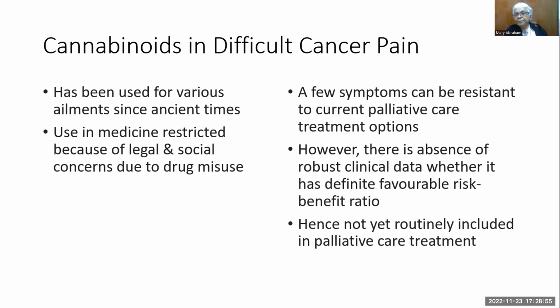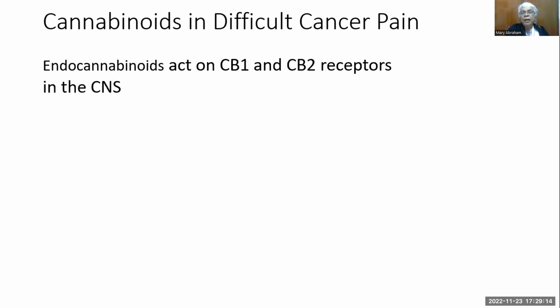So, although there is absence of robust clinical data, whether it has really got a favorable risk-benefit ratio, yet people are using cannabinoids in certain types of cancer pains. Now, a little bit about how it acts.